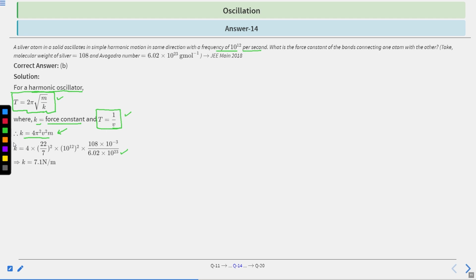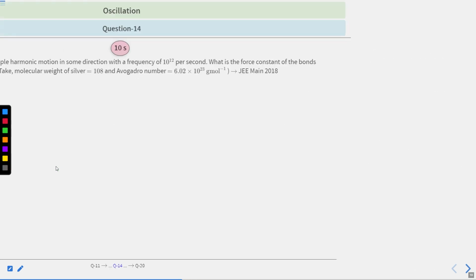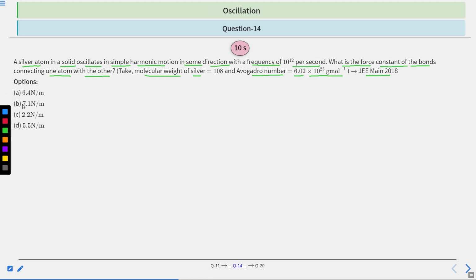When you solve this expression, you get the result 7.1 Newton per meter. So K equals 7.1 Newton per meter. Option B is correct.